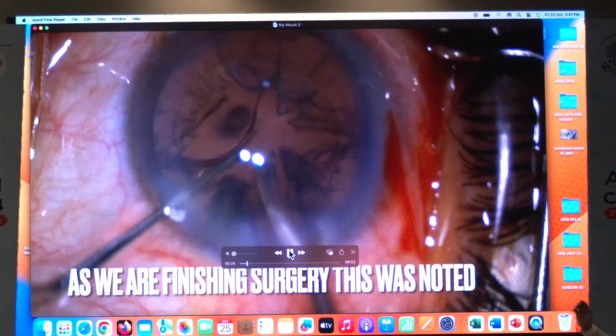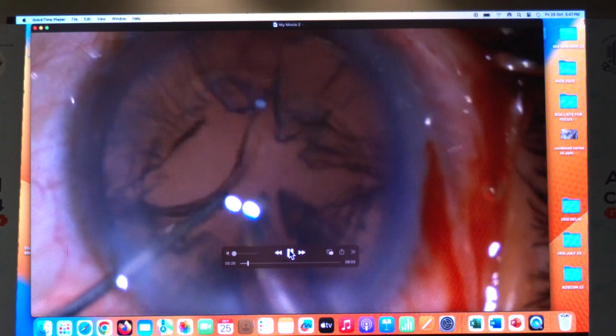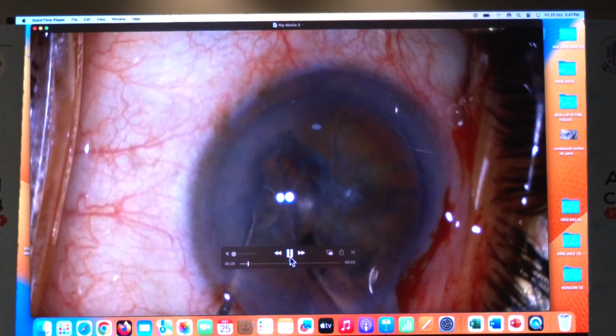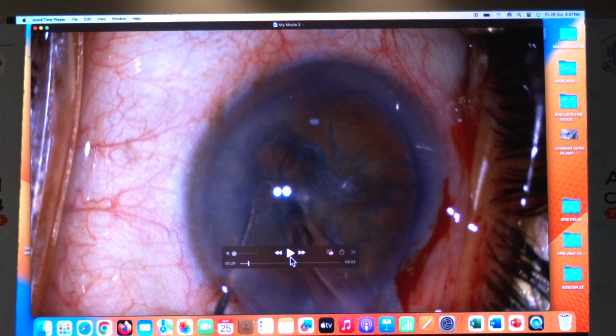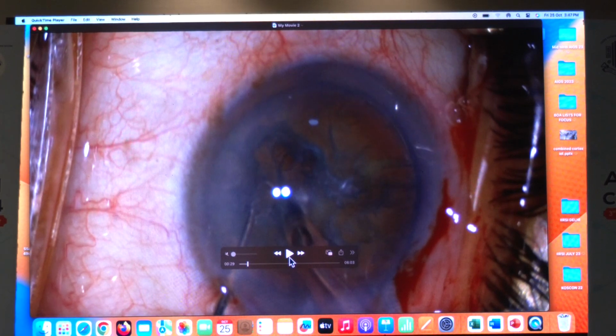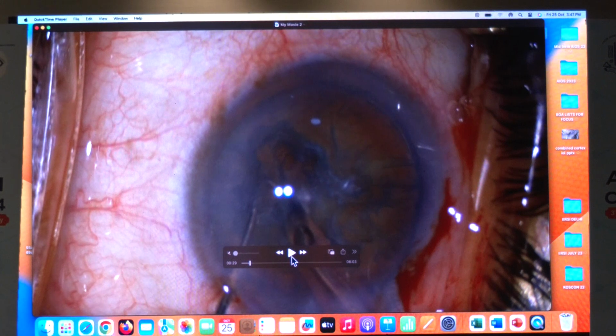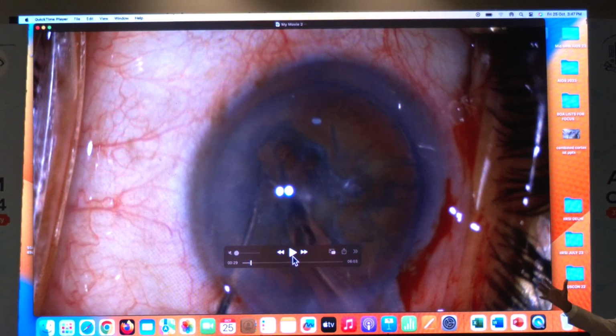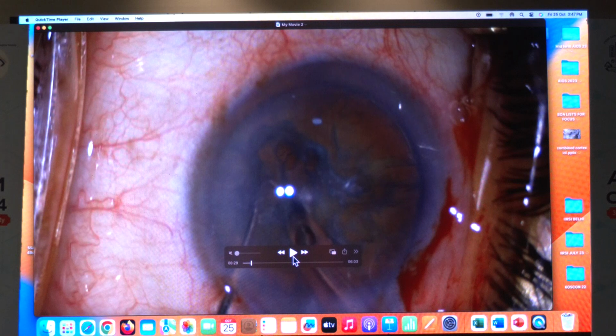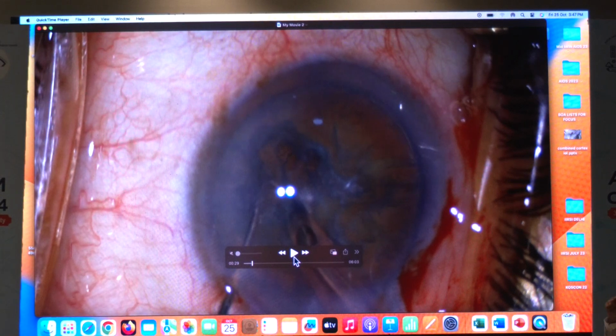But once I have finished, you will see there is a PC tear. When I was doing the phacoemulsification, I did not see that it had happened. I was doing the phacoemulsification continuously, but when I came to the last piece, I came to know there is a PC tear.